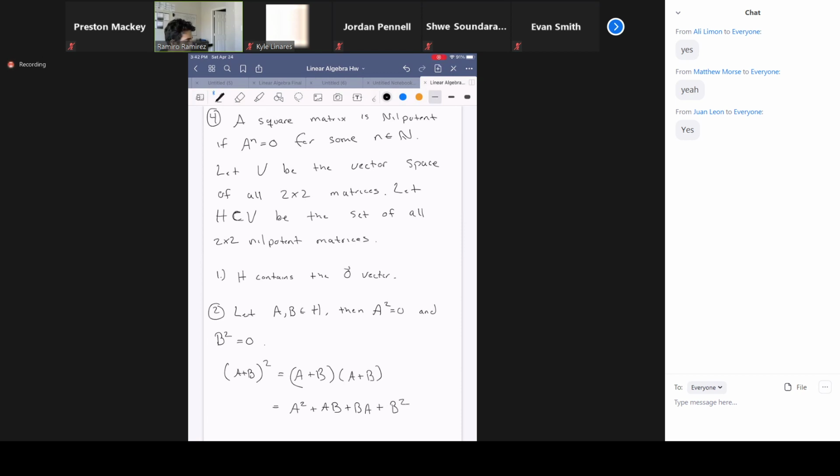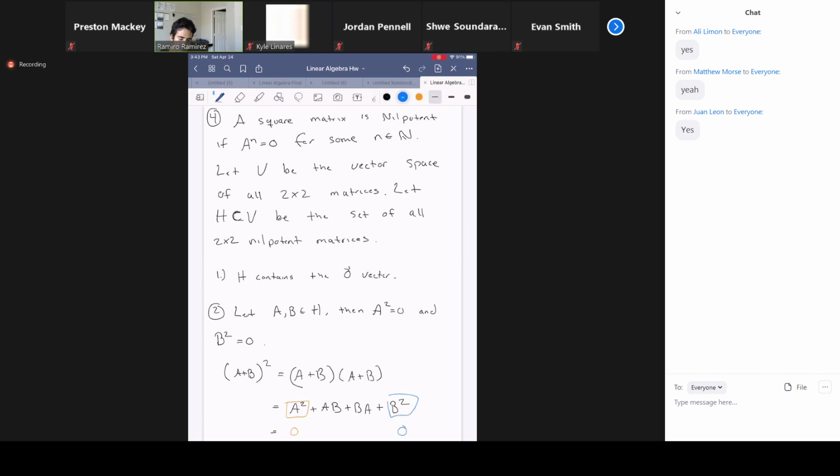Well, since this part is squared, this would give me 0. Since this part is also squared, this will also give me 0.